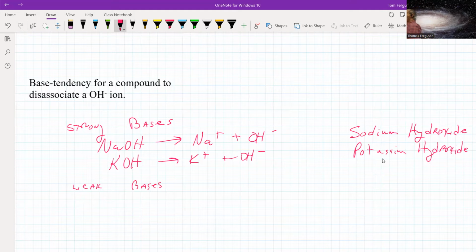And then like acids, we have weak bases, which means we dissociate less than 100%.